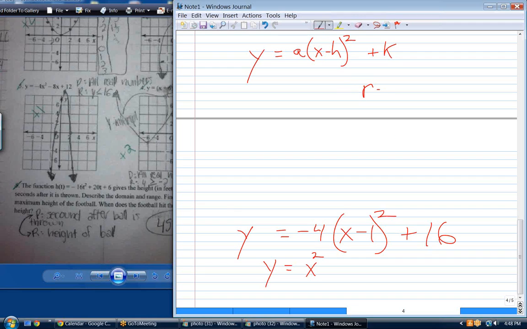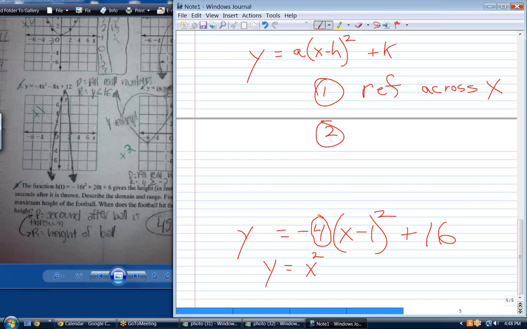So we'll start with that. Reflection across x. That's the first thing that's happening. What's the consequences of the 4? It's a stretch. It changes the shape of the curve, and it's a vertical stretch. Vertical stretch by factor of 4. By 4 times.